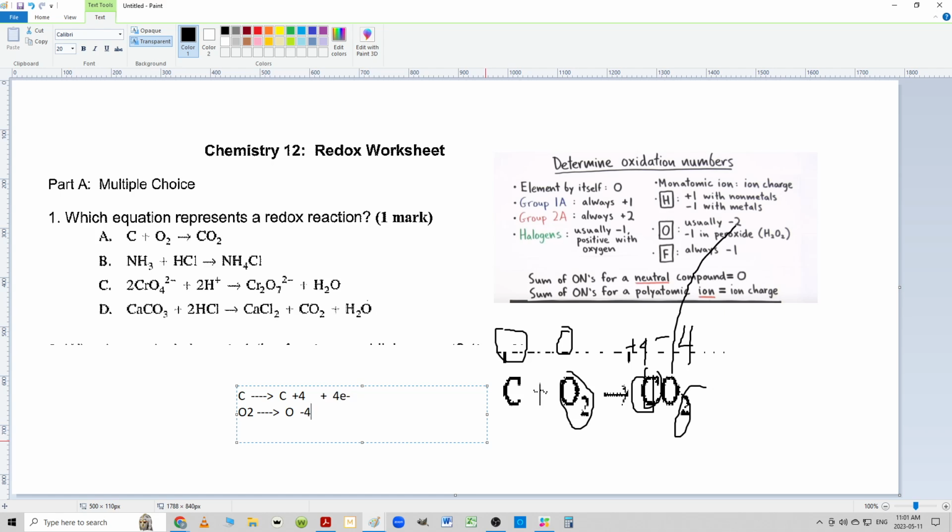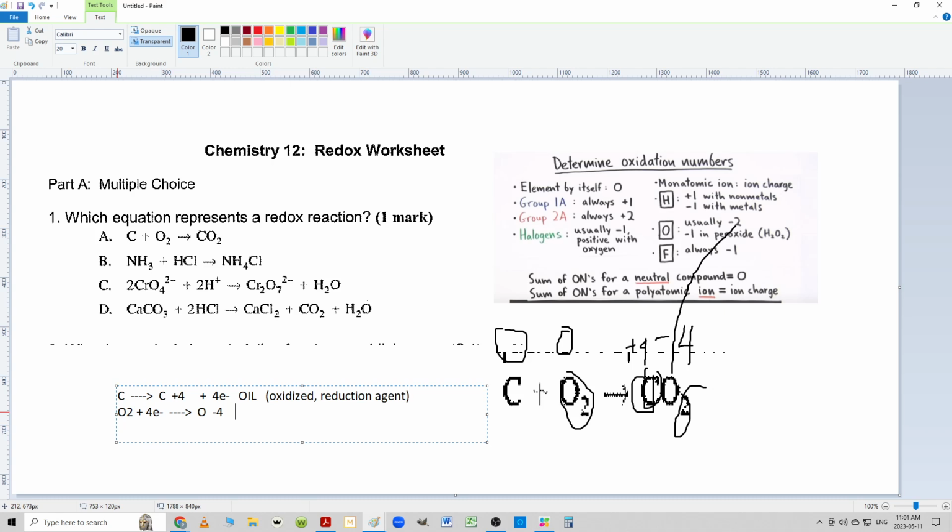For the oxygen charge to go down, I had to have gained electrons. So this tells me instantly that this one lost electrons. I go to OIL RIG: oxidation is loss. This got oxidized, and by the way, it is also the reducing agent.